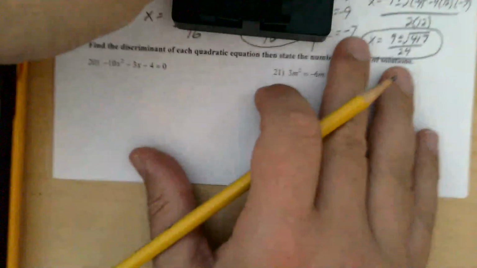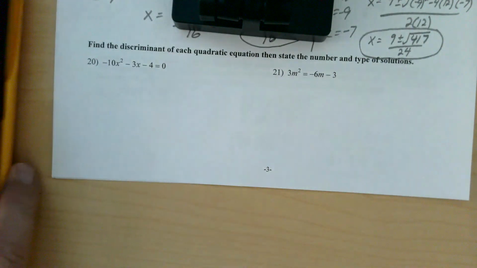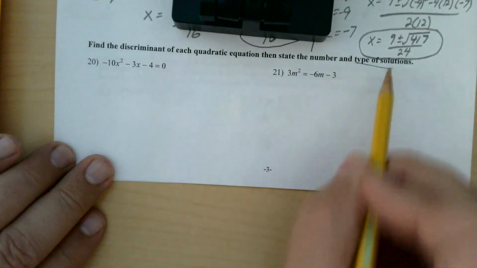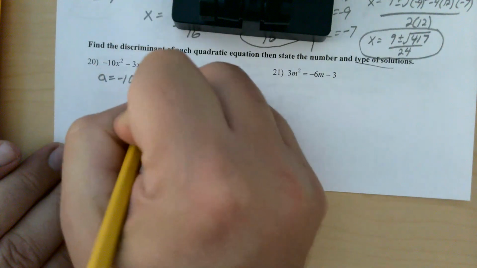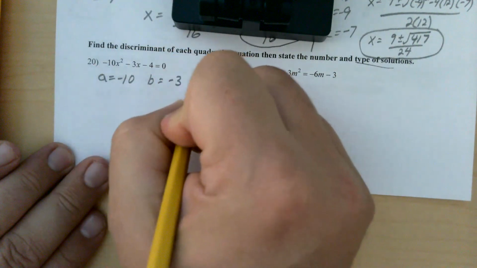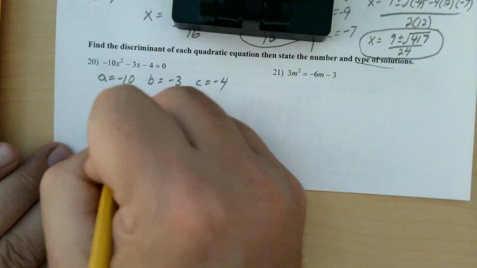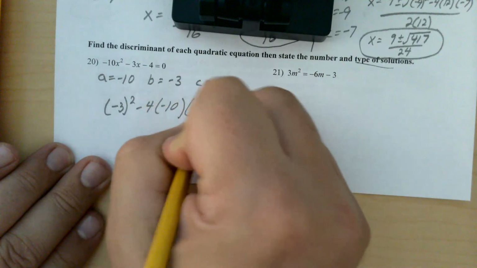Okay, last two, just so that you're aware, you practice this on big ideas. This is just telling me the value of the discriminant, and then tell me the type of solutions. So without actually solving this, it's already equal to 0. All I'm going to ask you is to calculate b squared minus 4 times a times c.